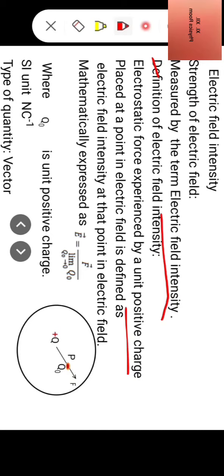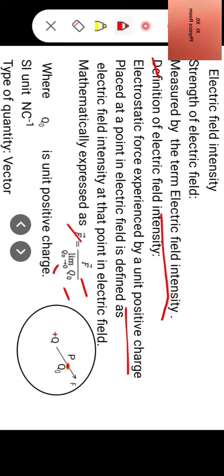Mathematically, it is expressed as E vector equals F vector divided by Q naught, limit Q naught approaches 0, where Q naught is a unit positive charge or test charge.